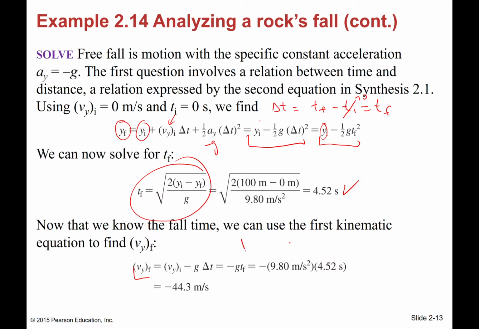So Vf is equal to Vi plus a delta t. I know the time now that I found here. So then a is minus g. And now I can plug everything in. I know this, and I know this guy and this guy, so I can solve, and I find that it is minus 44.4 meters per second, and it's a negative velocity.